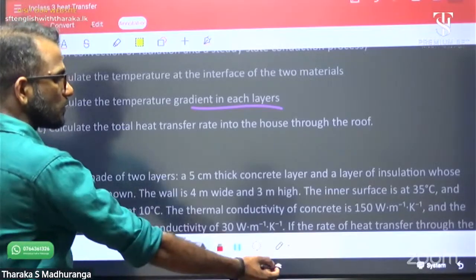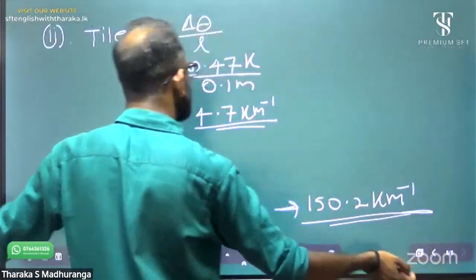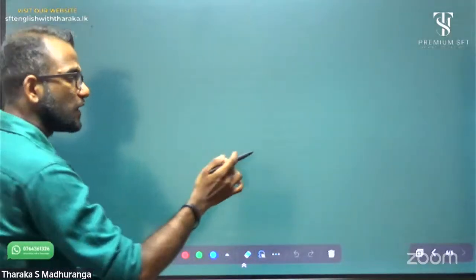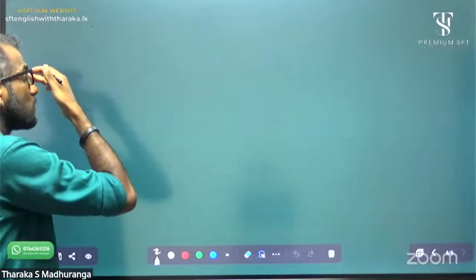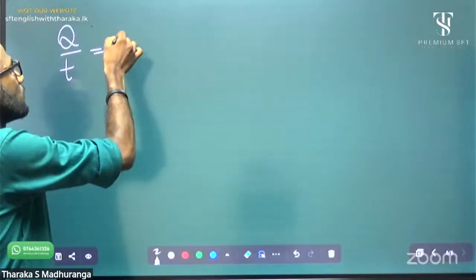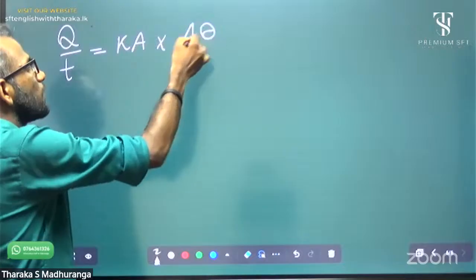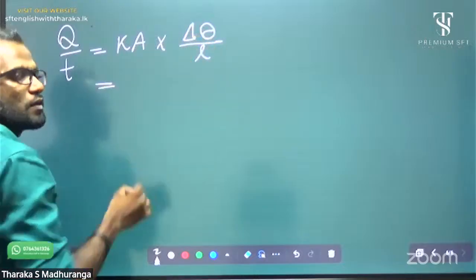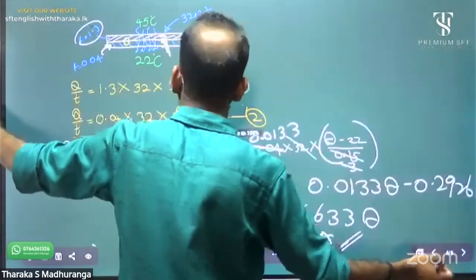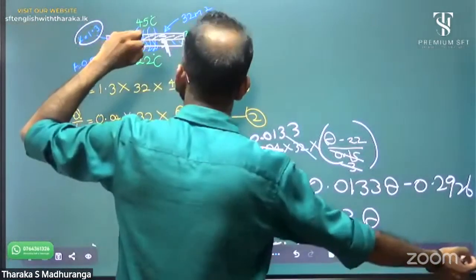Okay, the total thermal transfer rate means, if it is steady condition, the thermal conduction rate of both layers is the same, then you can find Q over T for any layer. Q over T equal K A into delta theta over L. The K is 0.04.